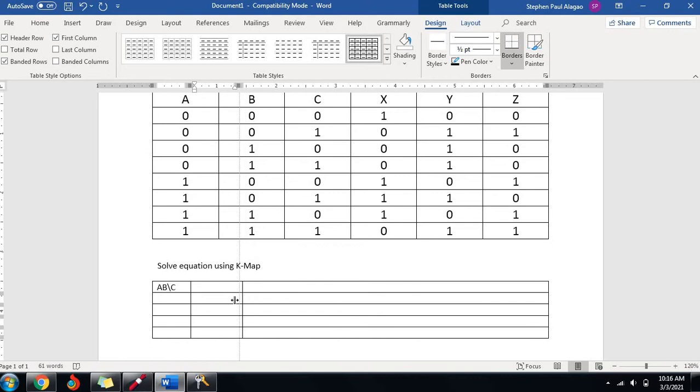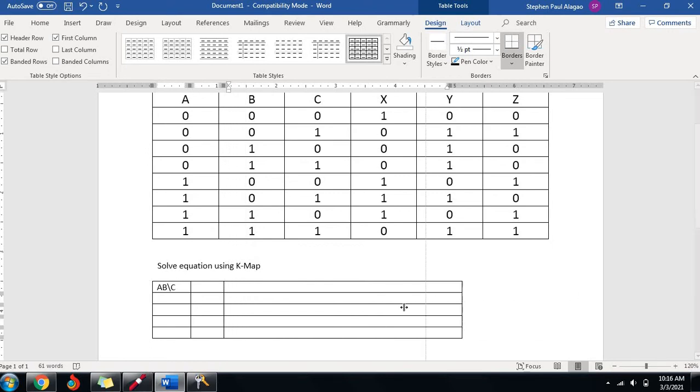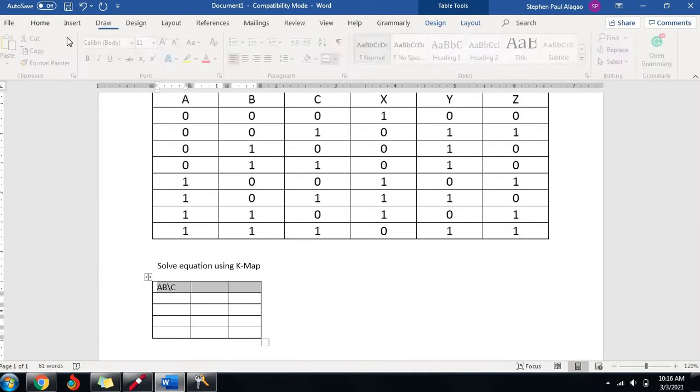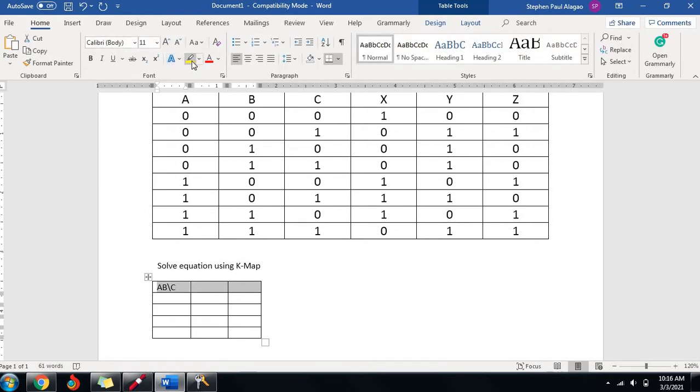Now the upper portion and the left portion here are the binary values, the representation values of your A, B, and C. So I will just highlight this one if I can. Let me try to fill this one: 0 and this is 1, the equivalent binary values.